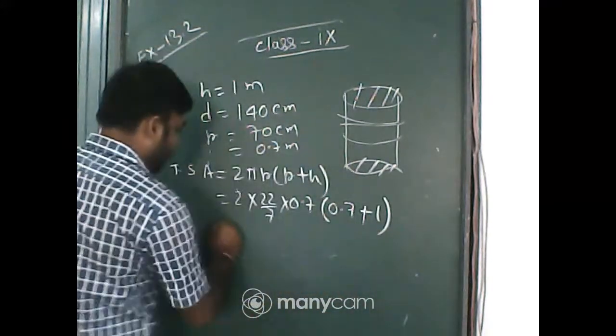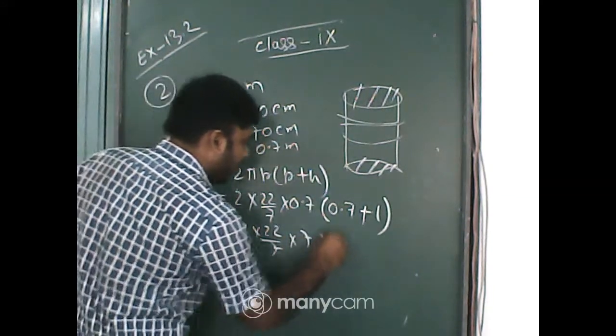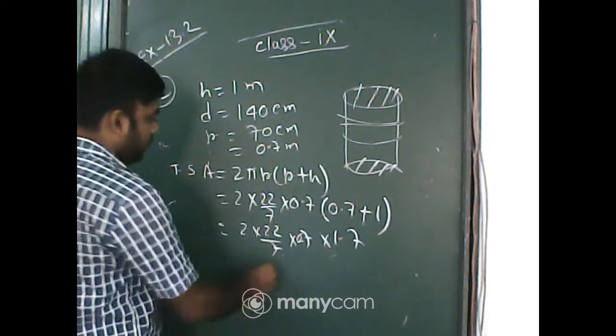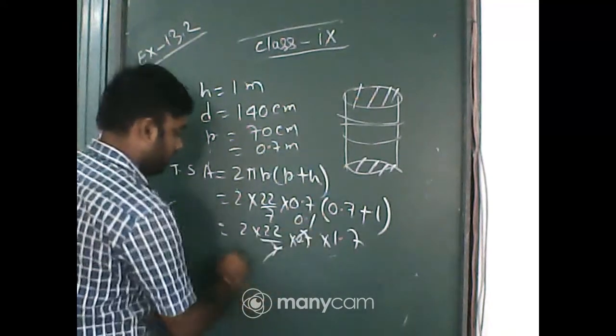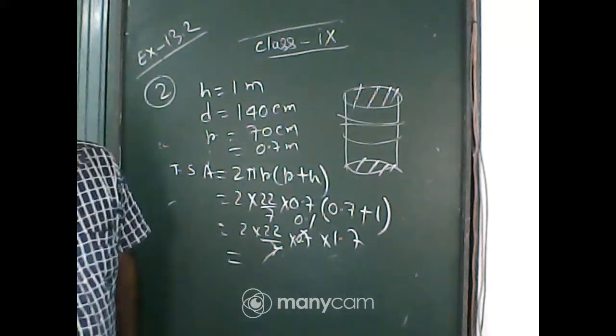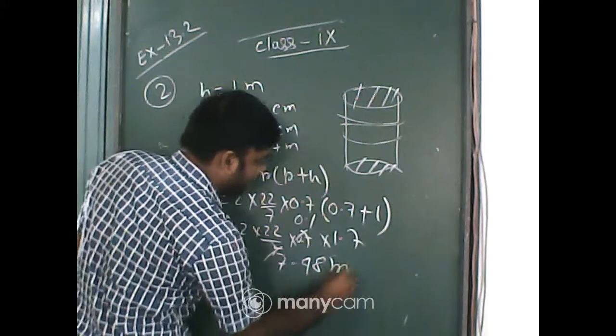Now 2 into 22 by 7 into 0.7 into 1.7. Here it is 0.7, so cut it, that is 0.1. So you will get 7.48 meter square.